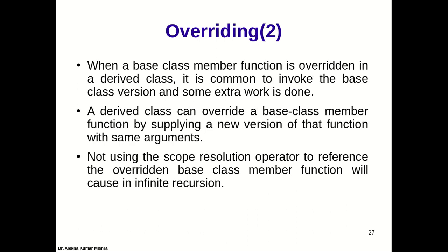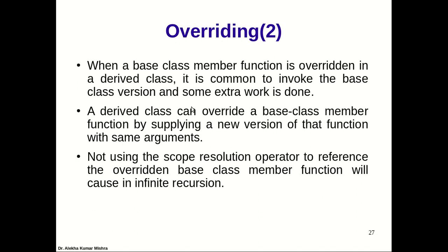When a base class member function is overridden in a derived class, it is common to invoke the base class version and do some extra work. That means we have a function f in the base class and also the same function in the derived class.